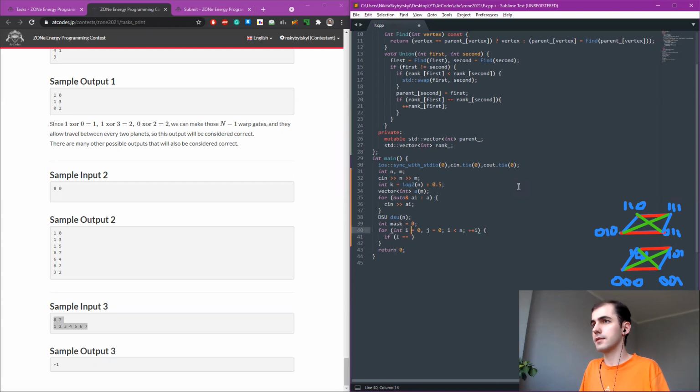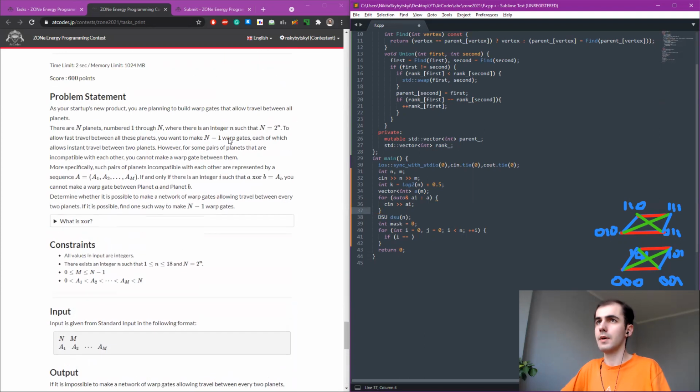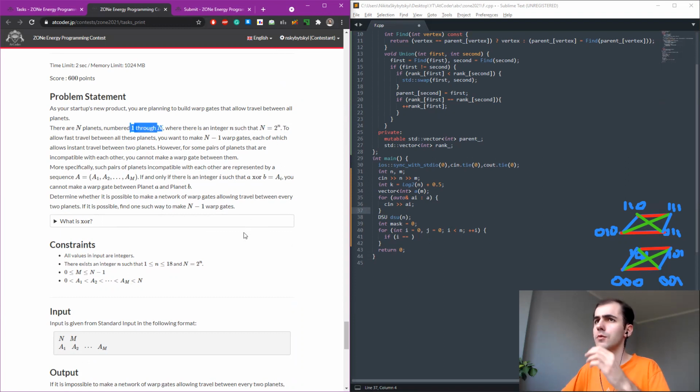So if i is equal to, wait, IDs are what? Numbered 1 through n. Why would you do that and not 0 through n?